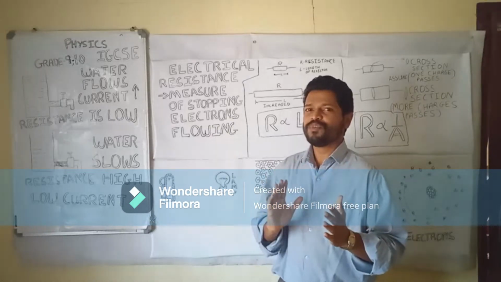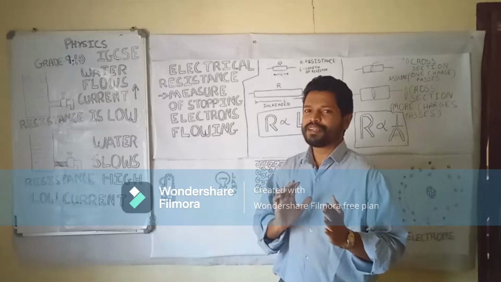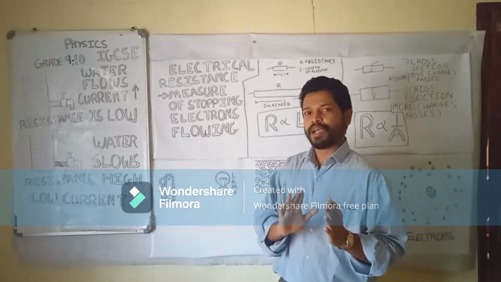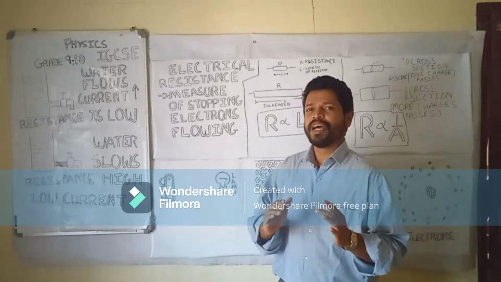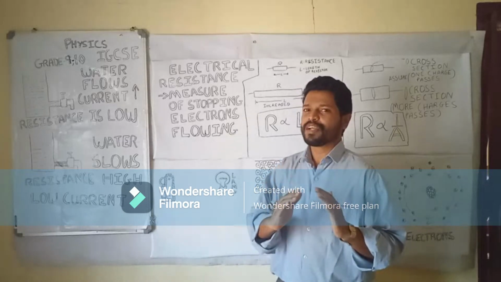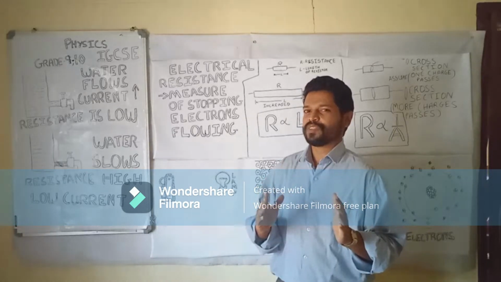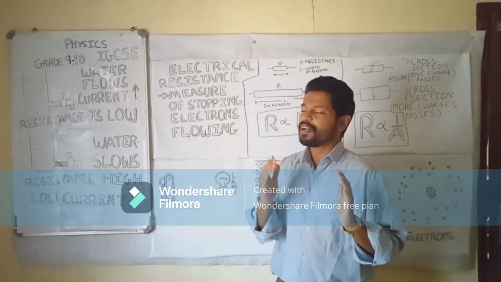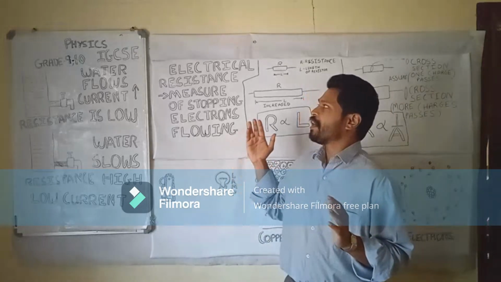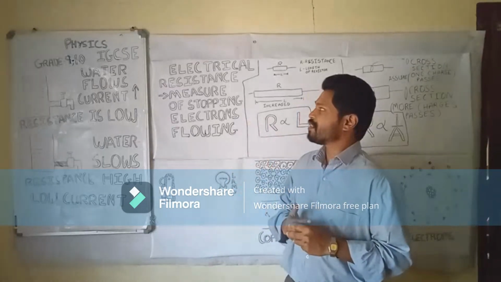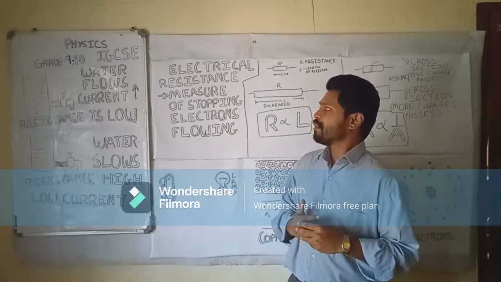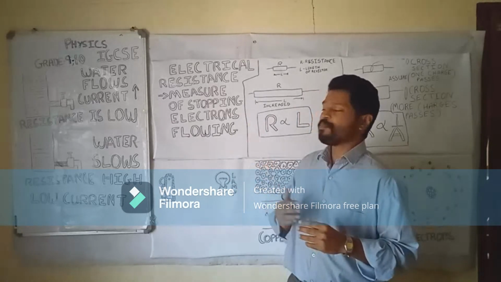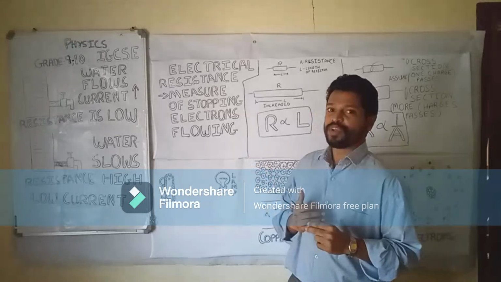When all of you try to go through that same door at the same time in the same direction, you can compare that with electrical resistance. So let me read it out once again. Electrical resistance is the measure of stopping electrons flowing.